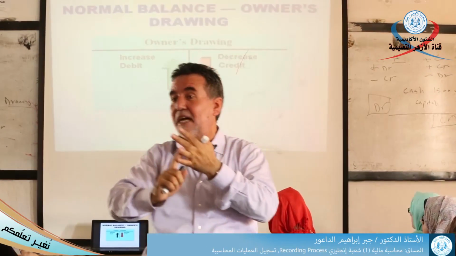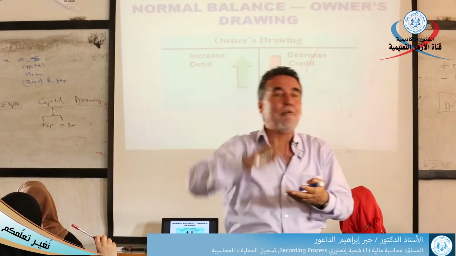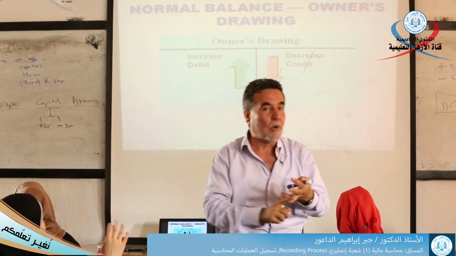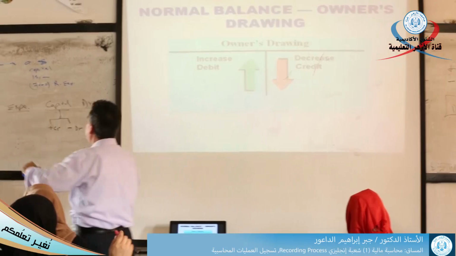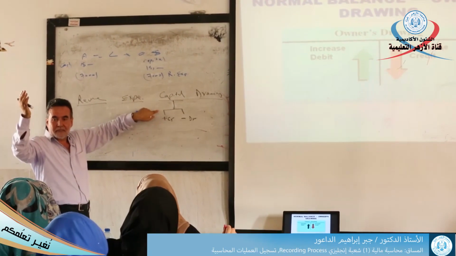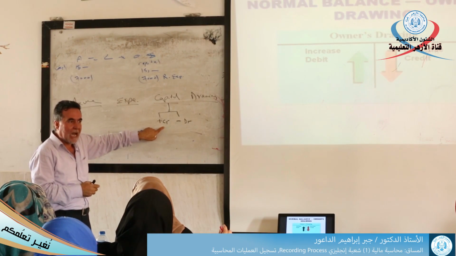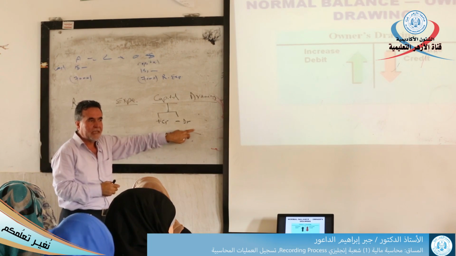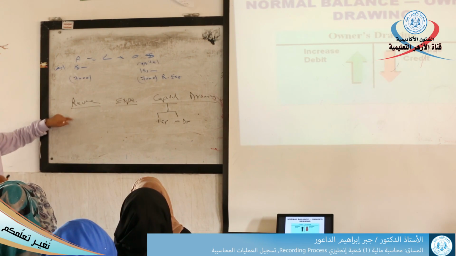Revenues and capital will increase the owner's equity, whereas expenses and drawing will decrease it. So, capital will increase the owner's equity, so the increase will be CR and the decrease will be DR. Capital is like revenue.